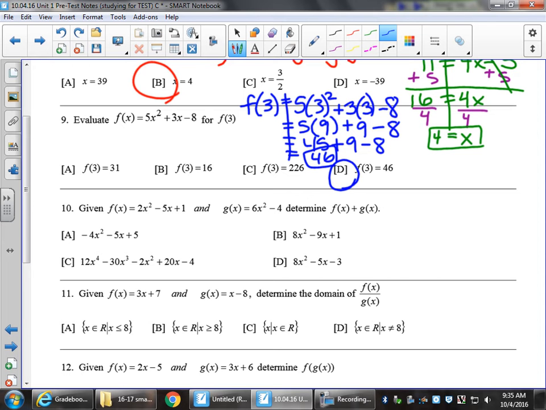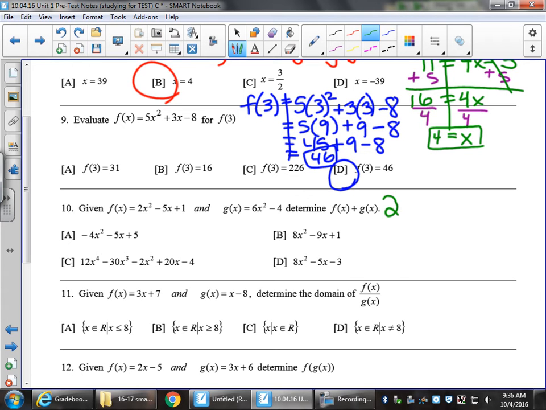Now, what's the difference between number 10 and number 14? Look at number 10, and then look at the bottom, number 14. What's the difference? One's adding, and one is subtracting. Do I need parentheses for addition? No. So here is where technically, if you don't want to write your parentheses, you don't have to.